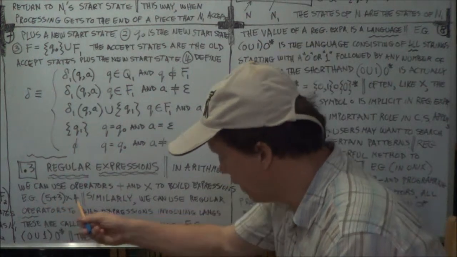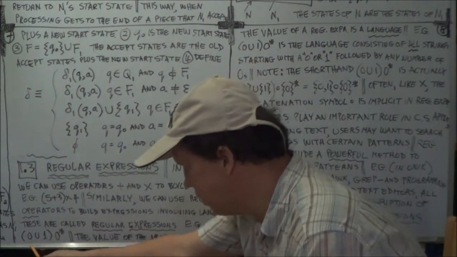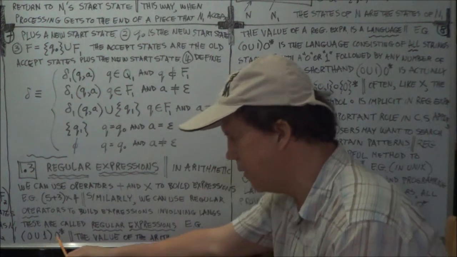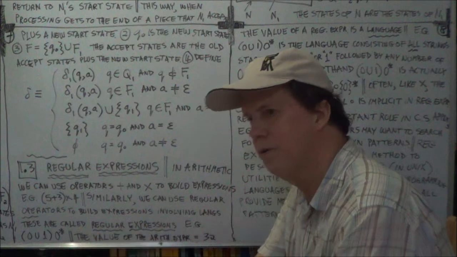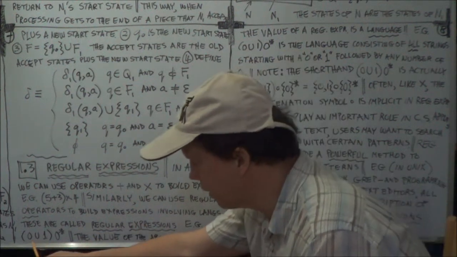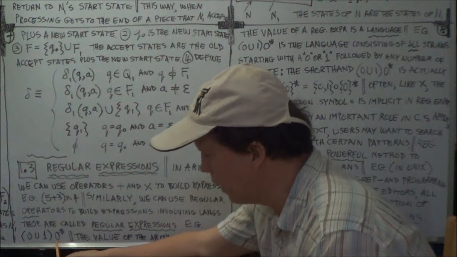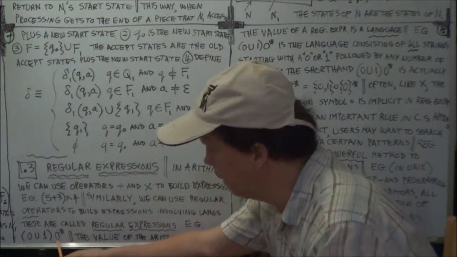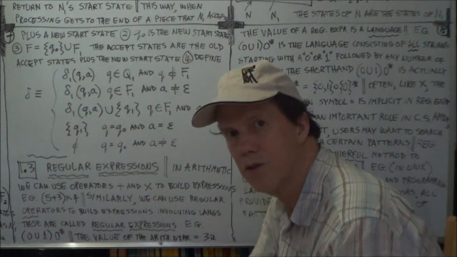Now the result of this will be the set, the language, which consists of strings that start with either 0 or 1, followed by any number of zeros. That's a description of the language.